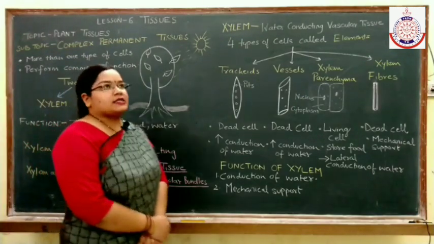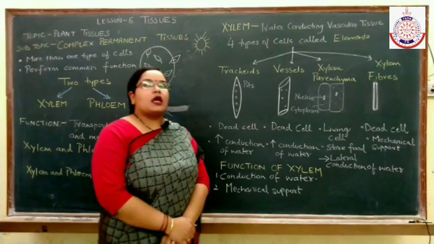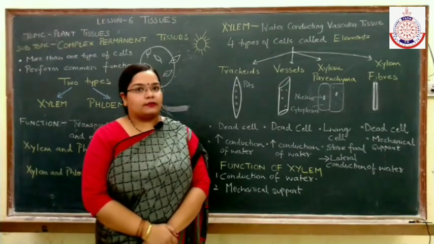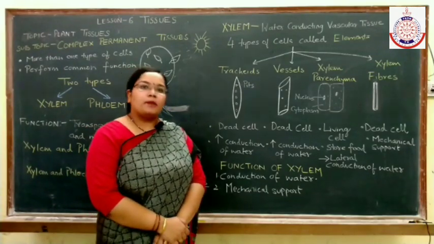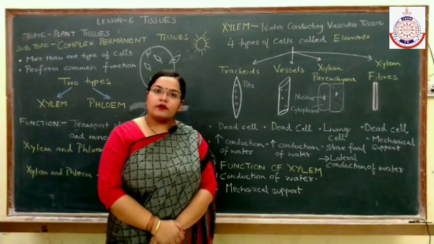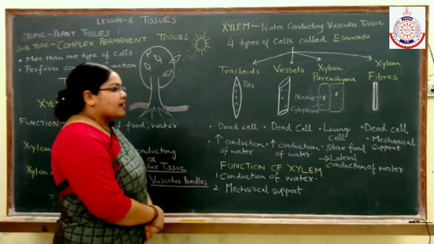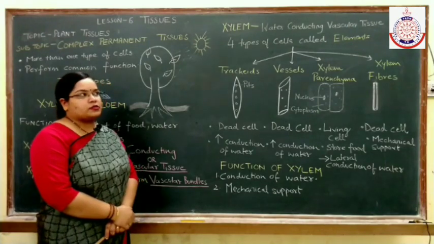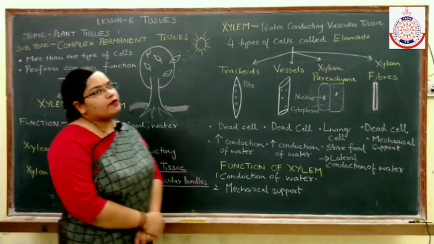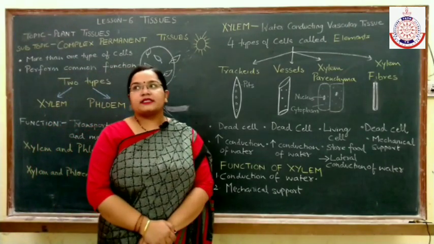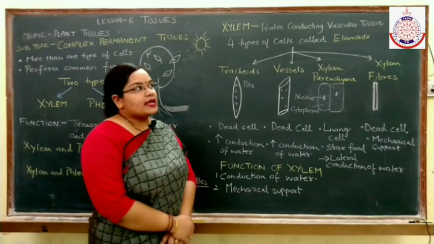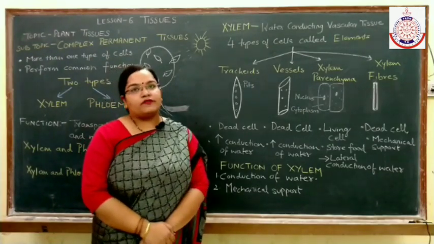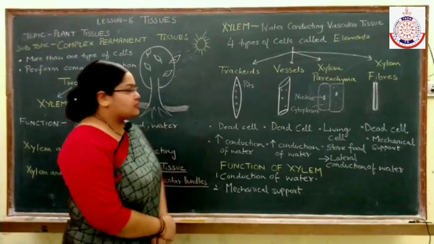In your junior classes, if we ask you how a plant absorbs water, you give the answer that a plant absorbs water with the help of roots. Yes, that is right. But have you ever thought how water is transported to each and every part of the plant in tall trees?